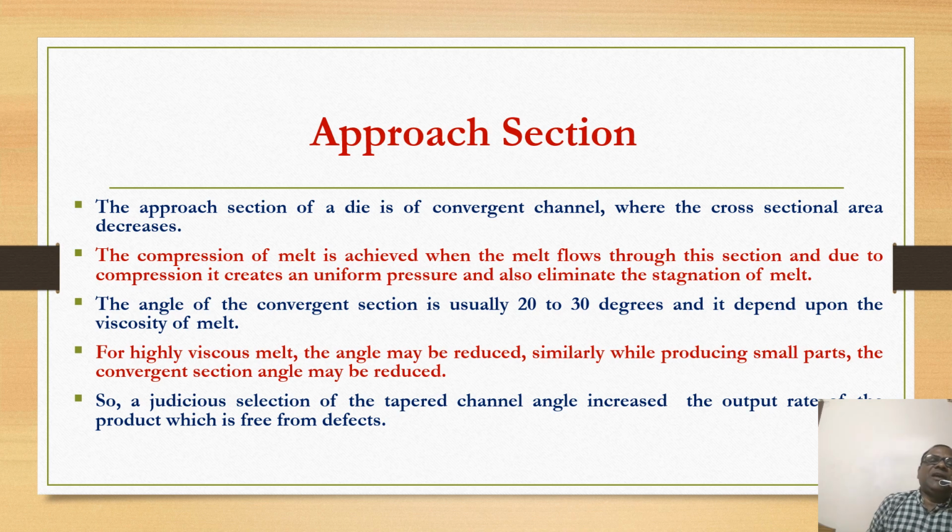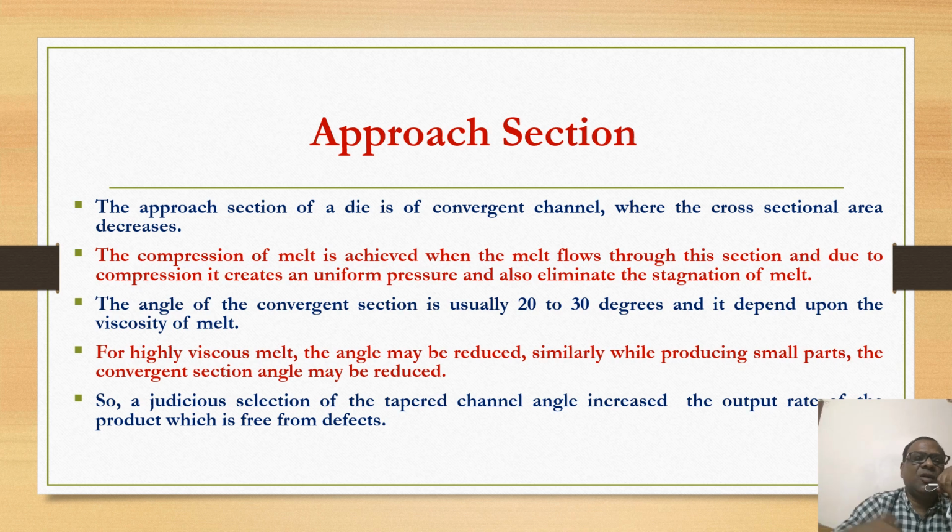When you are going to design the die, particularly for the approach section, the important thing you have to see is what angle you have to put, because at one end the diameter is more and at the other end the diameter is less. So it is a convergent channel. What should be the degree? That means at what degree it will converge from one end to the other end.